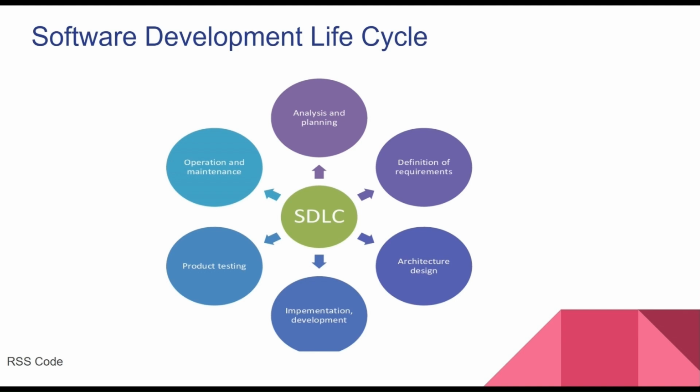Once we have done analysis and planning for the application, the second phase is the definition of requirements, like what requirements are needed to develop an app. And the third phase is architecture design. This plays a crucial role in the entire software development lifecycle because this design will help us in future.